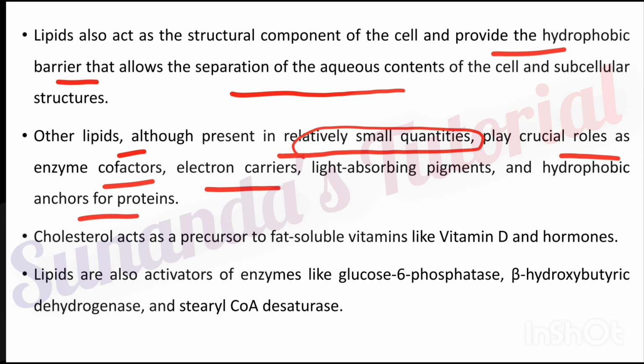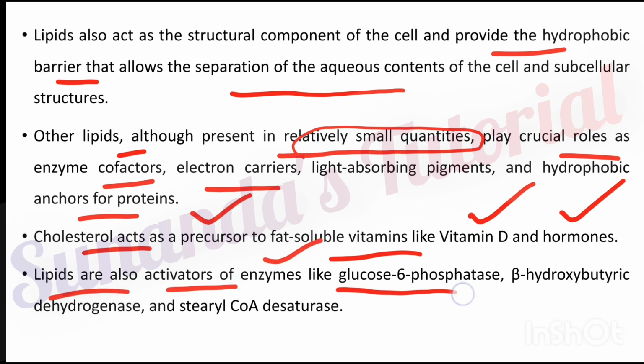Okay. Cholesterol acts as a precursor of fat-soluble vitamins like vitamin D, and hormones. Lipids are also activators of enzymes like glucose 6-phosphatase, beta-hydroxybutyric dehydrogenase and stearoyl coenzyme A desaturase.